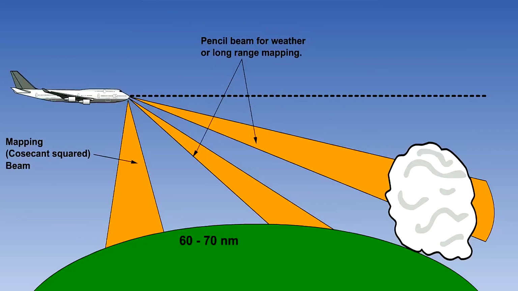In older equipment, two types of beam are produced. The conical or pencil-shaped beam is used for weather and long-range terrain mapping, whilst the cosecant squared or fan-shaped beam is used for short-range terrain mapping, that is, out to 60 to 70 nautical miles.